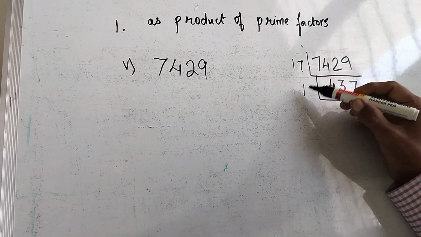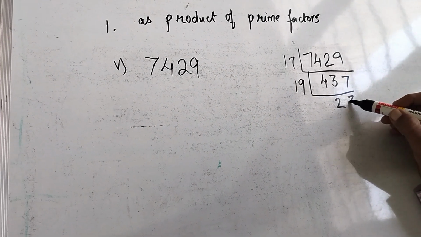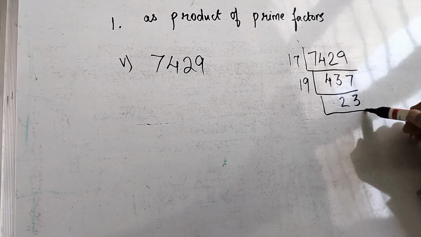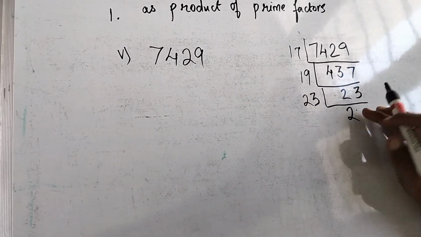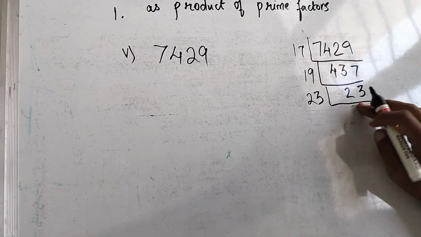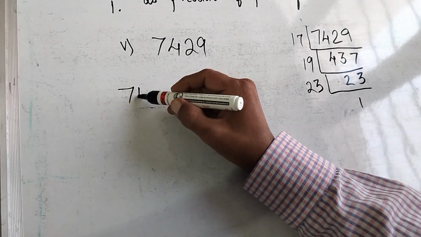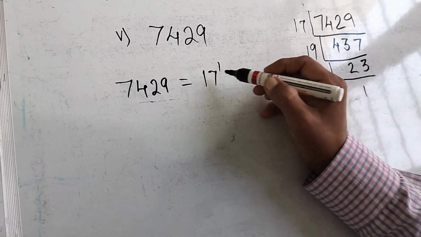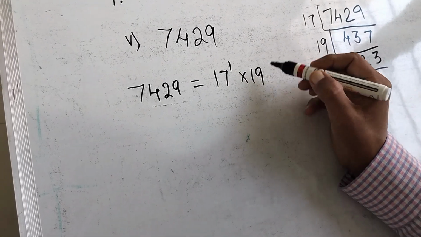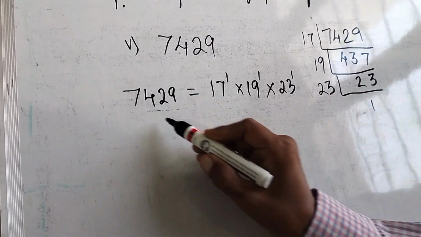Again 19 2s are and 19 3s are. You can see that 17, 19 and 23 are prime numbers and they are not repeating also. So 7429 is the product of 17 raised to 1, 19 raised to 1 and 23 raised to 1.